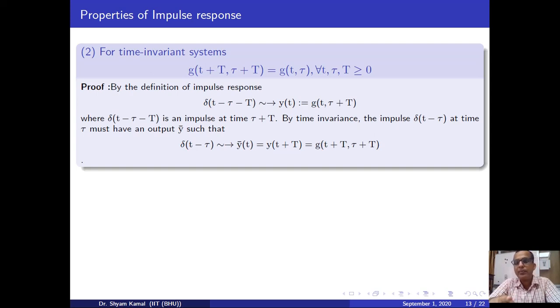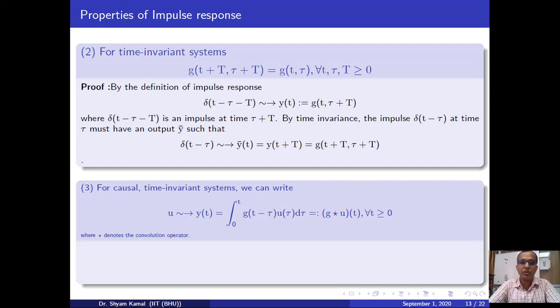And whenever I show y(t plus tau), then that corresponds to g(t plus tau, tau plus t). In this way we are telling that the impulse response g is the same if the system is time invariant, but obviously that is not the same if the system is time varying.